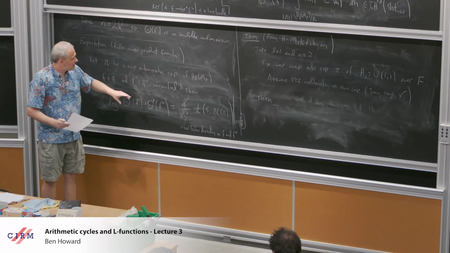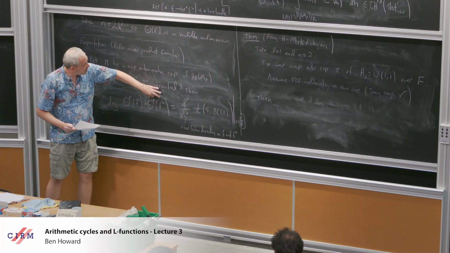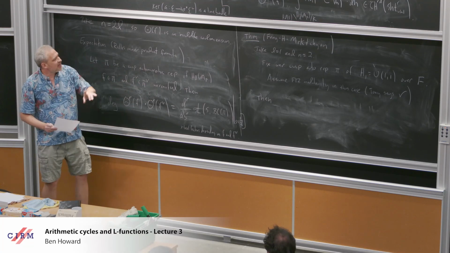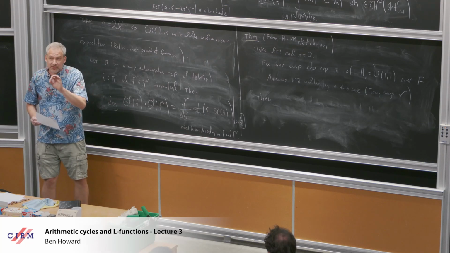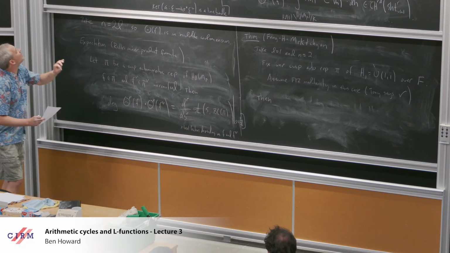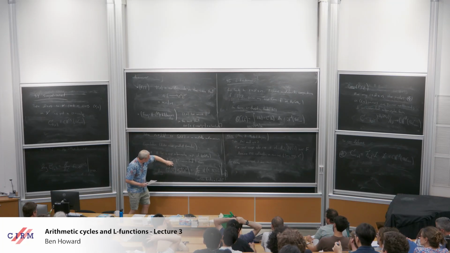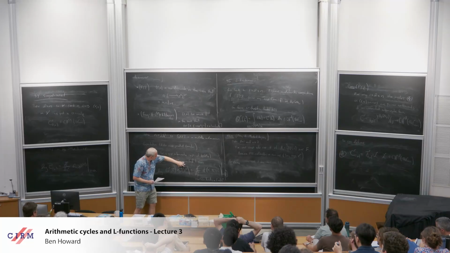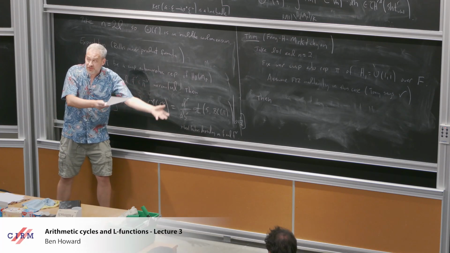But if you take the theta lift on one side, and on the other side, fix any cycle in middle codimension with proper support, like this, then there's an intersection between the bare Chow group and the Chow group with proper support into the Chow group with proper support, which has a degree on it.